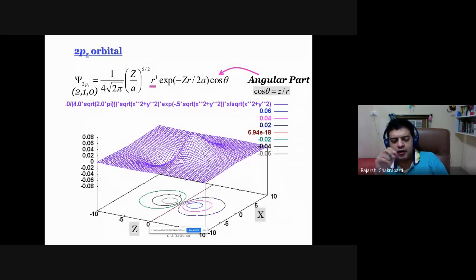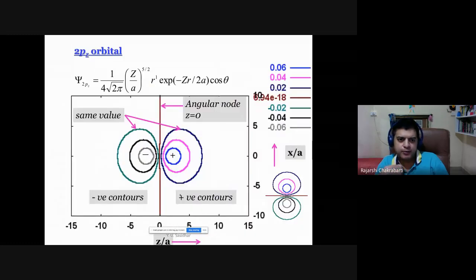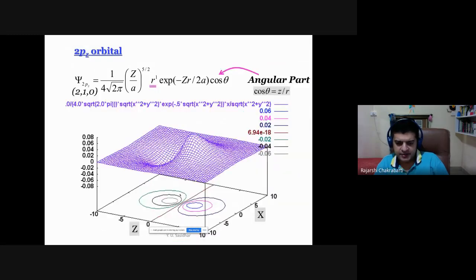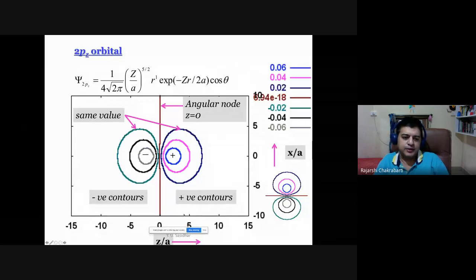Even if you put two different colors, put plus and minus. Is this clear? These things you can do yourself, this 2pz orbital, how to do this contour and other things. I'm not going to do it in detail, but I've done the polar plot. That's important. From there, essentially I'm looking at this contour. This is negative and this is positive.